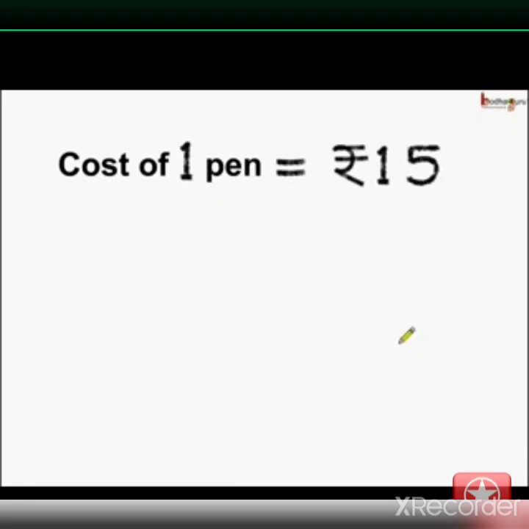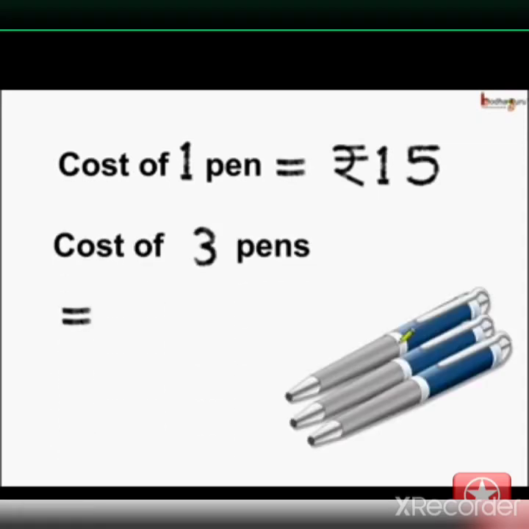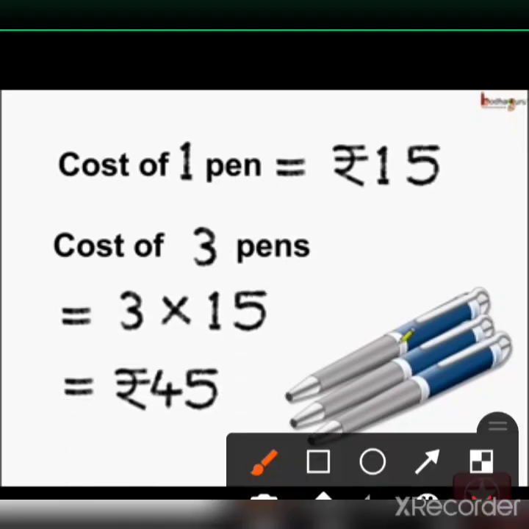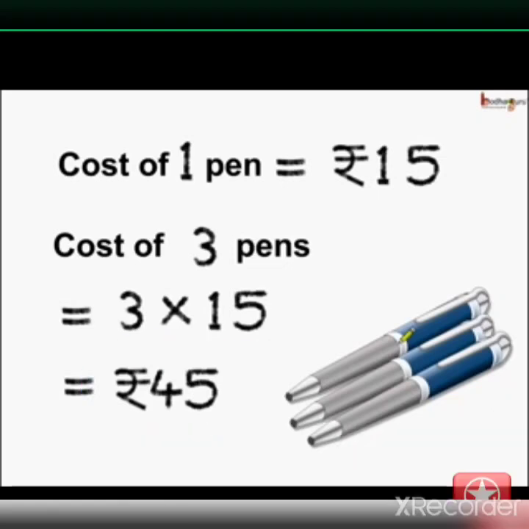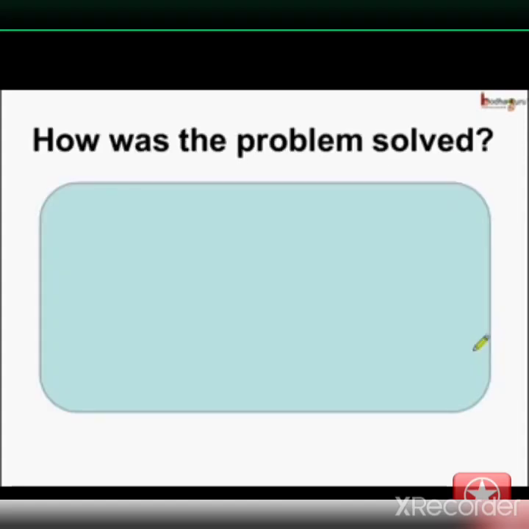Now to find the cost of 3 pens, what will we do? The cost of 3 pens is equal to the cost of 1 pen multiplied by the number of pens, that is 3 multiplied by 15, which is 45 rupees. It means the cost of 3 pens is equal to 45.